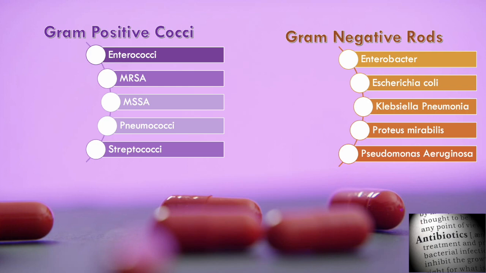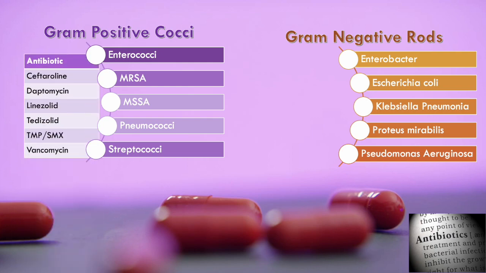For each one of these, we should know at least 2 antibiotics to treat them with. So I went over the antibiotics listed and I pulled the list of antibiotics that cover all of these. For our enterococci, MRSA, MSSA, pneumococci, and streptococci, which are all gram-positive, you can use ceftaroline, daptomycin, linezolid, tedizolid, Bactrim, or vancomycin.